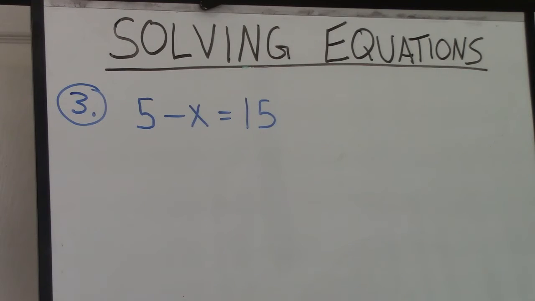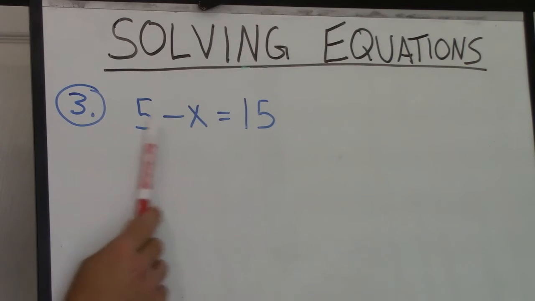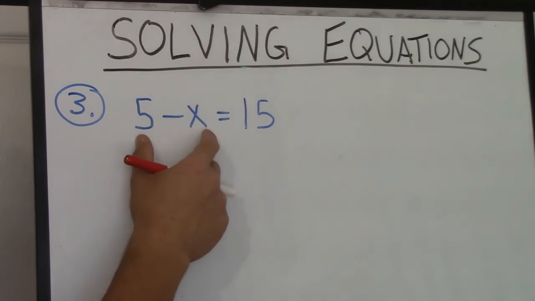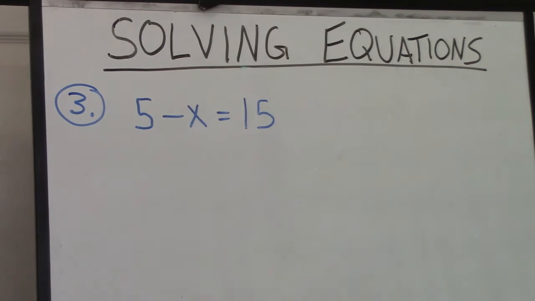So in this problem, you may notice that the x is coming after the 5. It's possible to solve this one how it is, but my recommendation is going back to the lesson from yesterday about simplifying expressions. When you have an equation, we have an expression on the left, 5 minus x, and an expression on the right, which is 15.